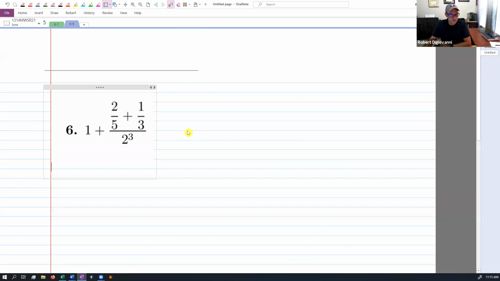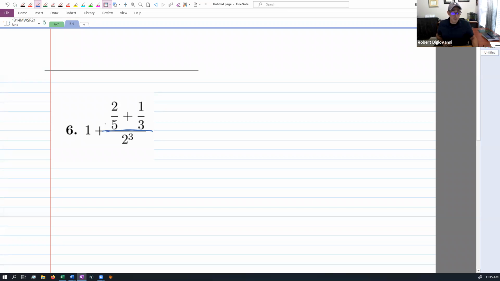It's fractions, but then within the fractions, you have other fractions. So we call this a complex fraction. And notice that we have this big division bar here in blue. And then above it, we've got two fractions, right?